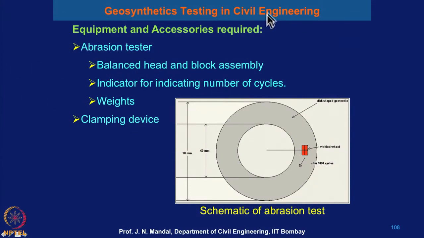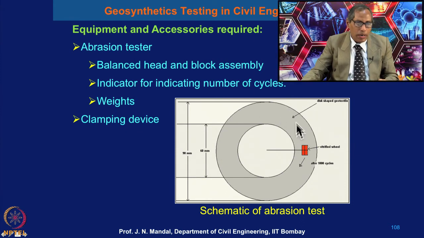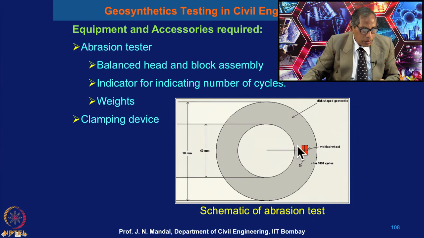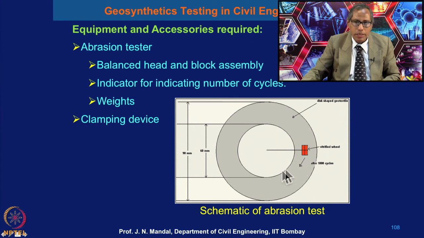So, you can see here the equipment and the accessories for the abrasion test. This is the balance head and the block assembly, an indicator for indicating the number of cycles, weight and clamping device. So, this is the kinematic abrasion resistance apparatus. The geosynthetic material is placed here and then the abrasion wheel rotates, and the geosynthetic material may be torn up.